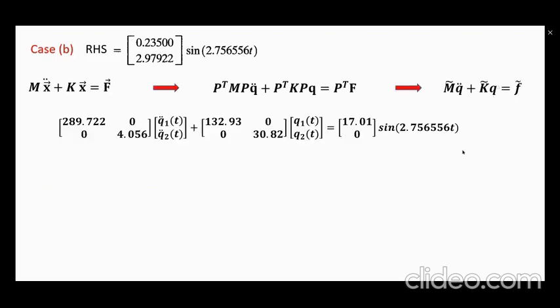Same thing as the previous slide, and I just literally wrote them down. Now obviously these two don't change. It's just the right-hand side that changes. If you take the P transpose and multiply it by this f, you're going to get this. And the driving frequency now, you can see that, is actually matching the natural frequency.